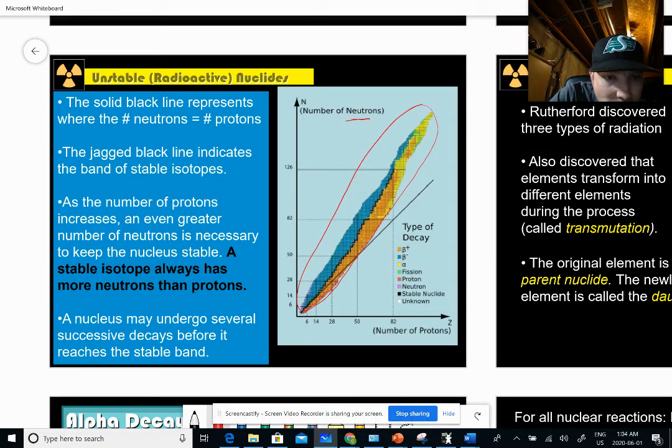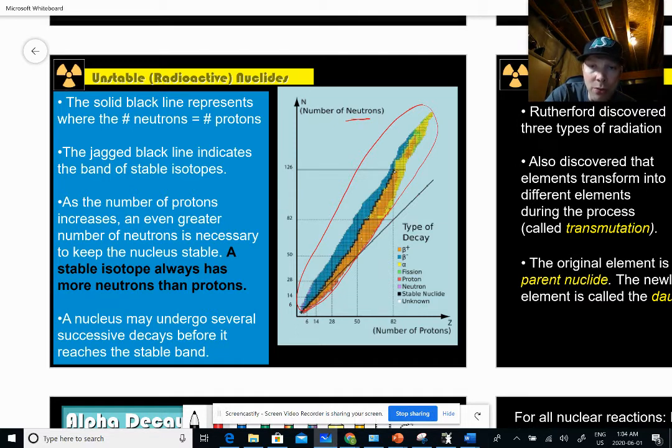So this is showing you that in order to have stability, with 82 protons here, we'd have to go all the way up to this black line right here, which is stable, and you would need 126 neutrons, right? So you need more and more neutrons as the protons go up to keep it stable.